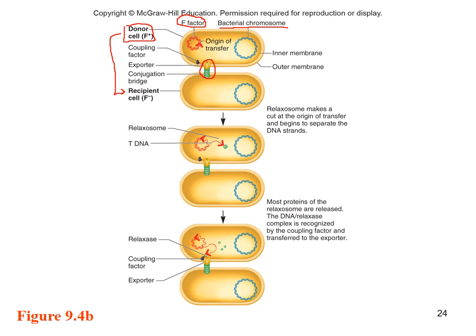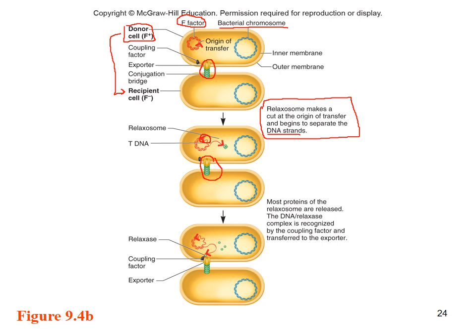The next thing that we're going to see is that within the donor cell, we're going to have the relaxosome, the protein complex, that's going to take a little snippet at the origin of transfer, and it's going to start unwinding the F factor, allowing it to go from double-stranded to single-stranded. As this is occurring, we still have our conjugation bridge that's making physical contact.